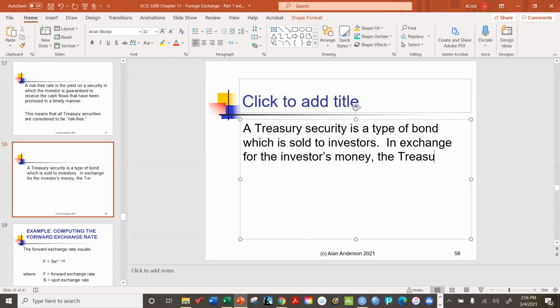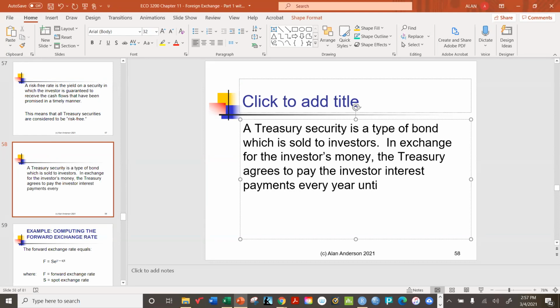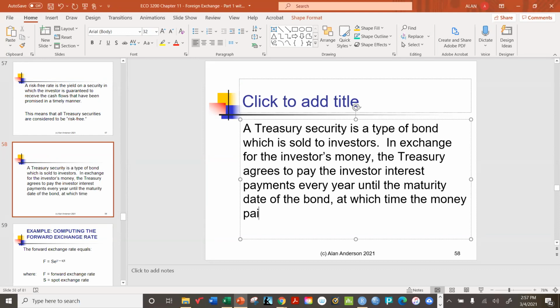The treasury agrees to pay the investor interest payments every year until the maturity date of the bond, at which time the money paid for the bond is refunded to the investor.